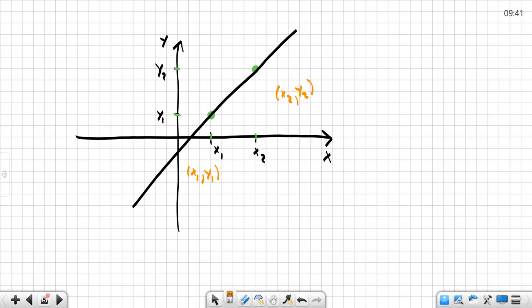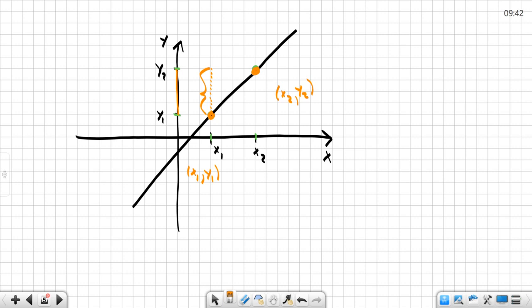And let's make a little picture. So from this point down here to this point, something changed. The y-coordinate changed. This right here is the distance between these 2 y-coordinates. Well, how do I calculate this?